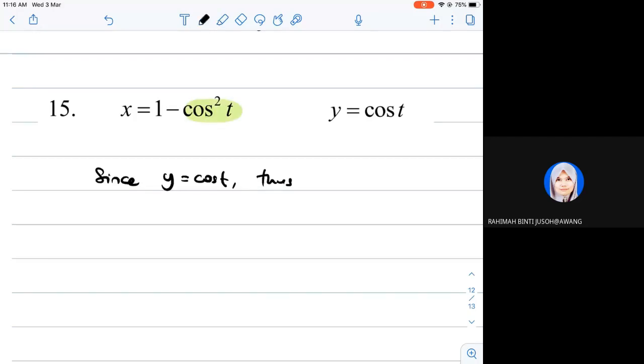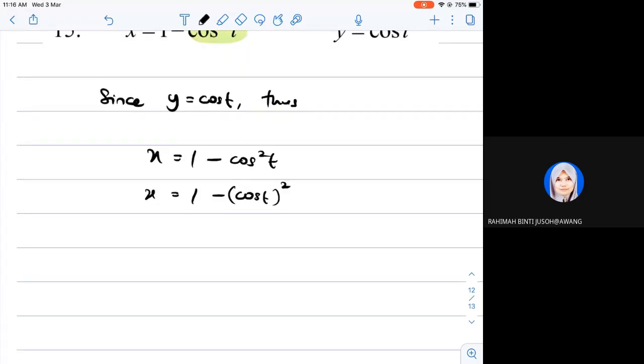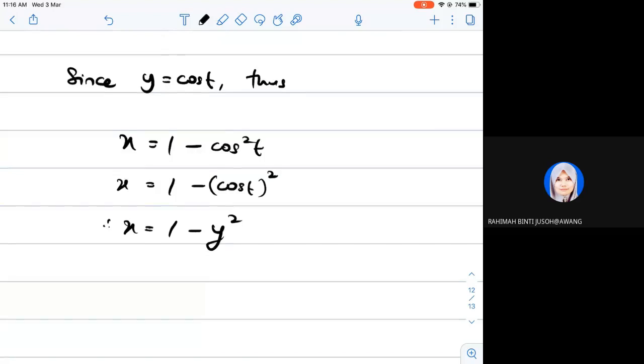Dia akan jadi x equals to 1 minus cos squared t, sama dengan x equals to 1 minus cos t kuasa 2 kan. So since y equals to cos t, dia akan jadi x equals to 1 minus y squared. Boleh faham? Boleh. Okay, good. So now x equals to 1 minus y squared.